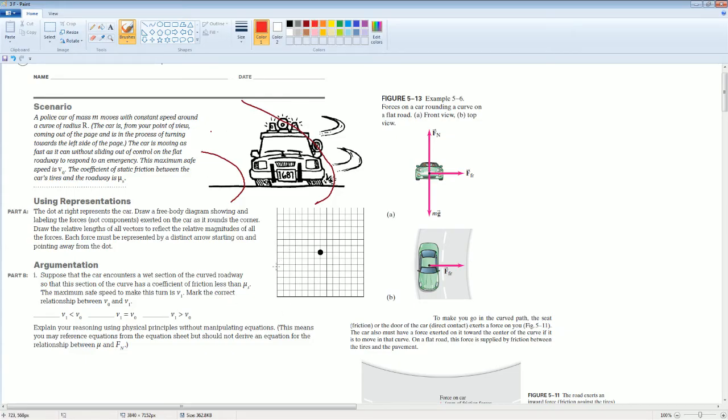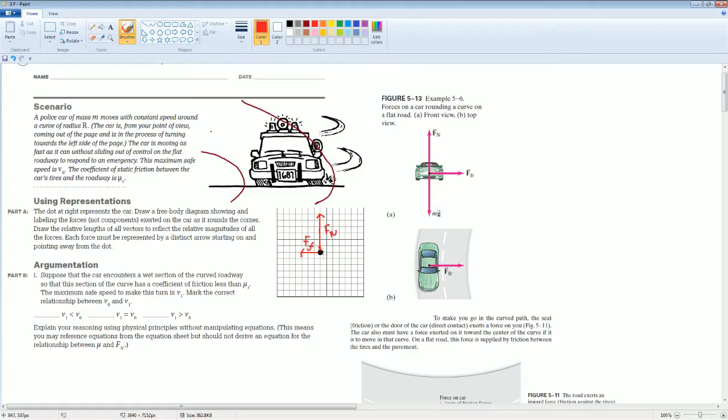So here you're doing it from the front view, and again it is making a left. The force that is pushing it in is going to be the force of friction. Force going up, 1, 2, 3, 4, 5, 6, and this is going to be the normal force.